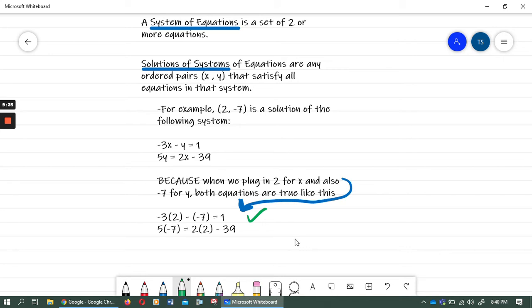And then when we subtract a -7, that's almost like adding 7. So that top equation, after we plug that in, is like having -6 plus 7, and that is equal to 1. All right, and the same thing is true for the second equation, pretty much, that the left side of that equation is equal to the right side when we plug in that.